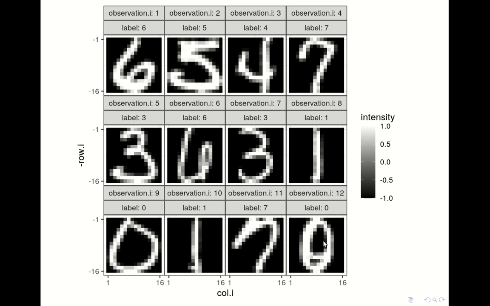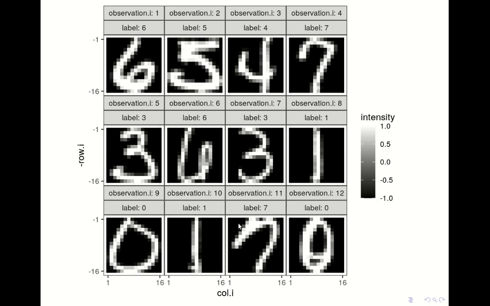And again, to give you an idea of what we're looking at, every observation is actually just a matrix, 16 by 16 matrix, where each one of these entries in the matrix has an intensity value between -1 and 1, right?